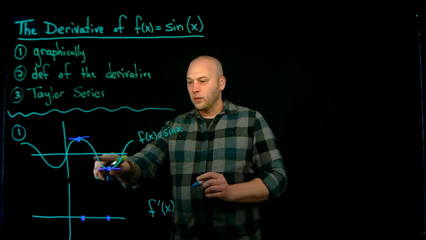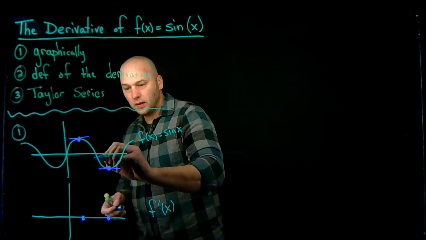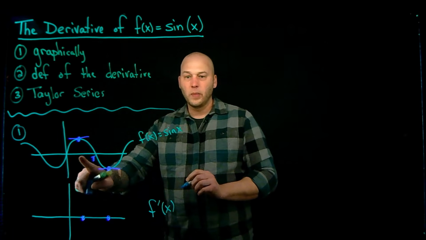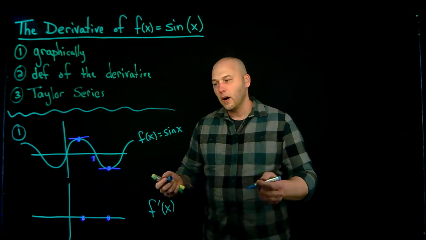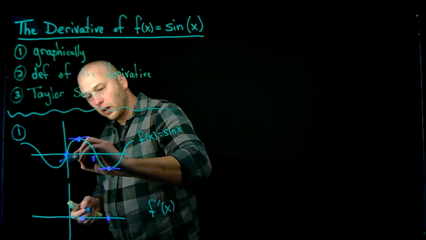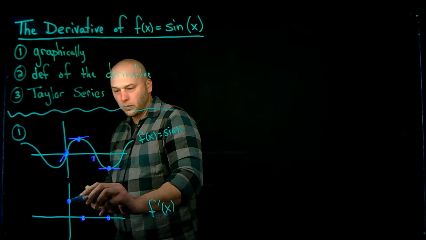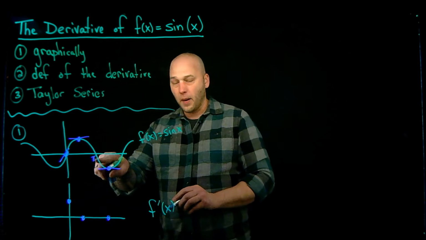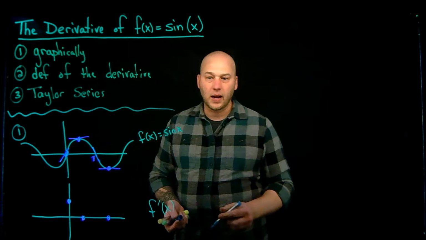And again, remember the intercepts for the sine function were 0, say, to pi. So this being right in the middle, this would be pi over 2, and this would be 3 pi over 2, etc. All right, let's look at a couple other points. At the origin, the slope here looks like it's 1. So that means the function value at the origin is going to be 1. The slope here at pi is, well, that slope of that tangent line is actually -1.